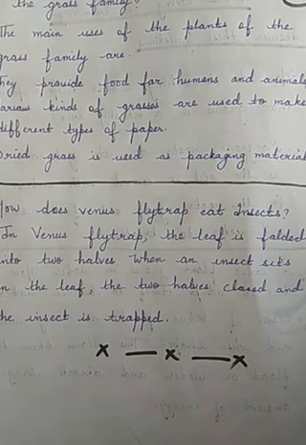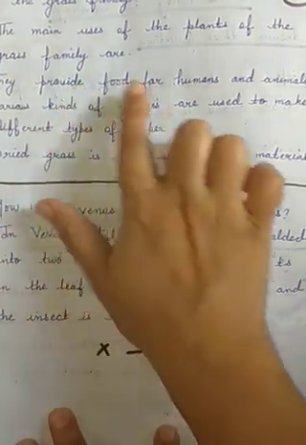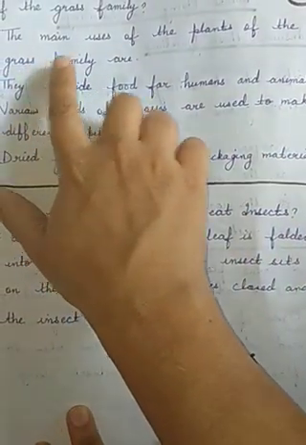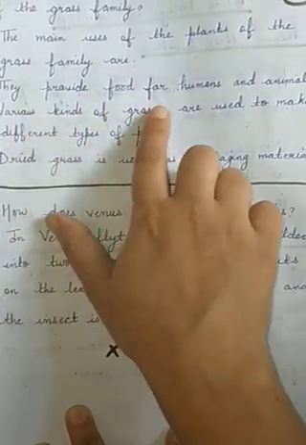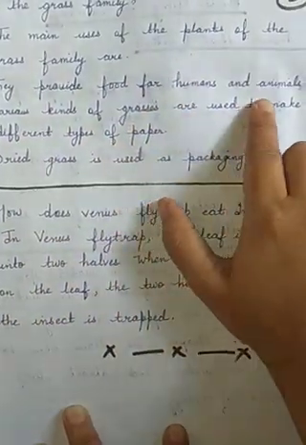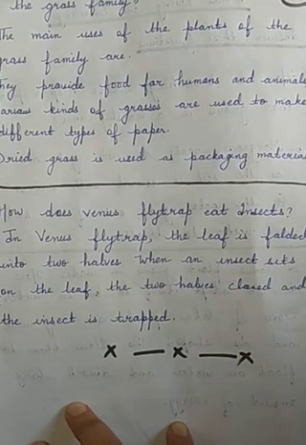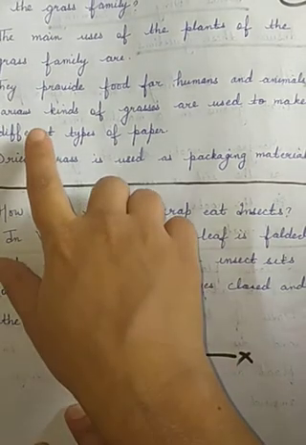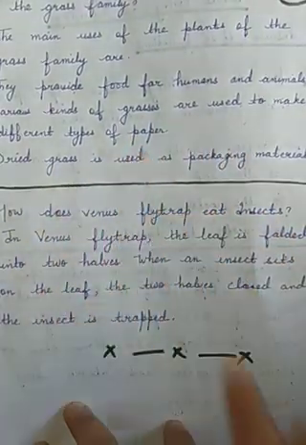In the grass family, the leaves of plants are very blade-like structures. Now, how will you write the answer? The main uses of the plants of the grass family are that they provide food for humans and animals, in the form of cereals like rice, wheat, bajra, etc. Second, various kinds of grasses are used to make different types of paper.